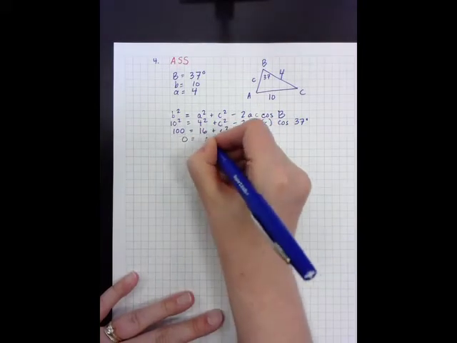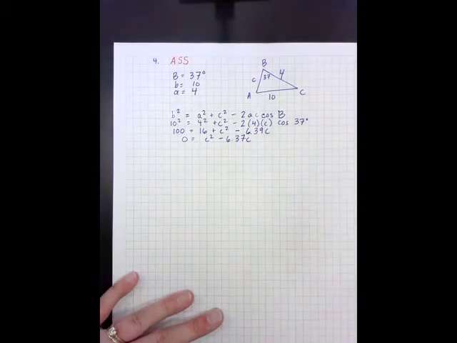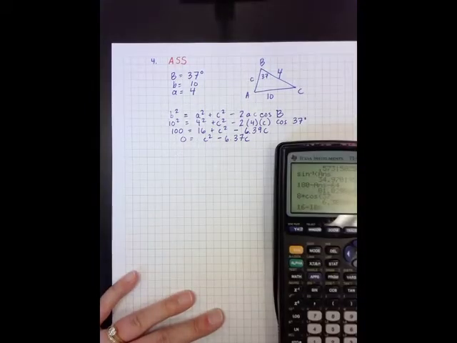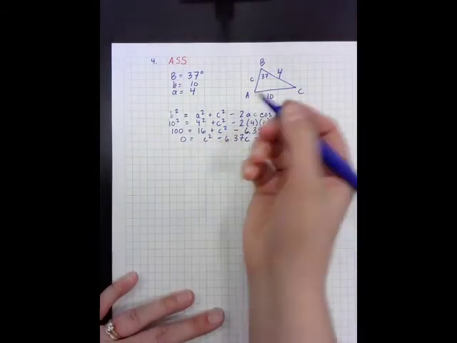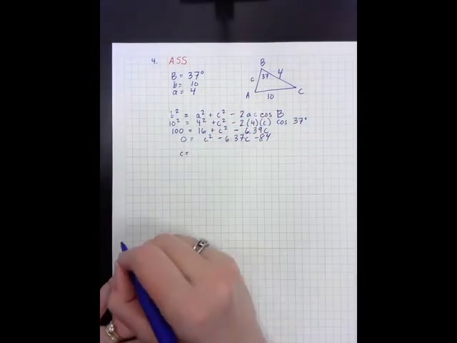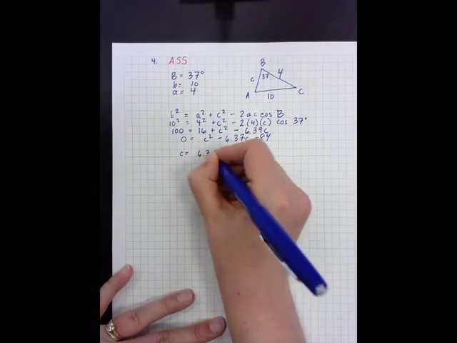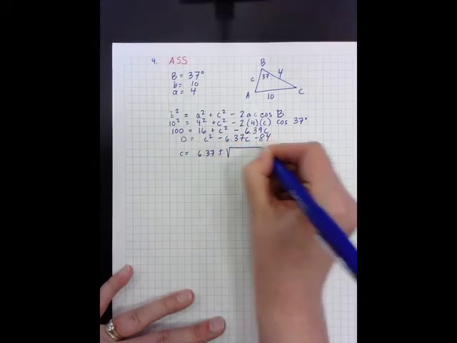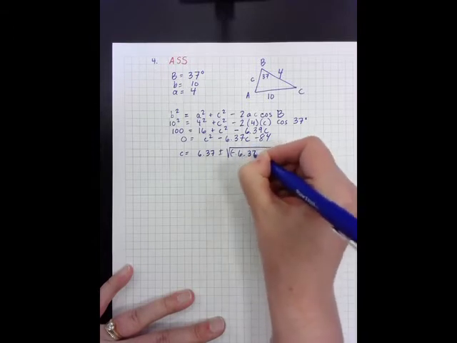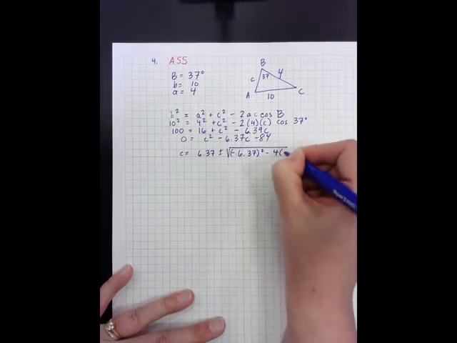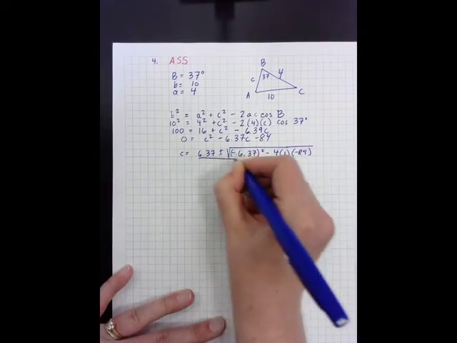So I have c squared minus 6.39c, and 16 minus 100 is negative 84. And then I can use the quadratic formula. So c equals 6.37 plus or minus the square root of negative 6.37 squared minus 4ac all over 2a.